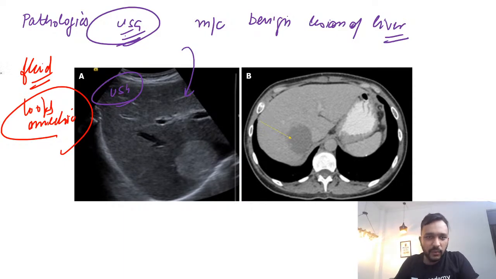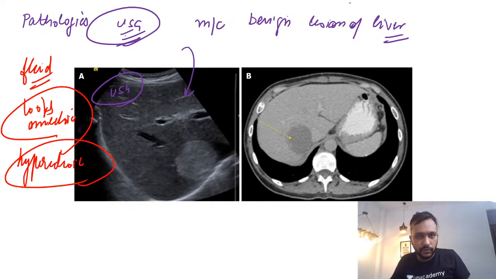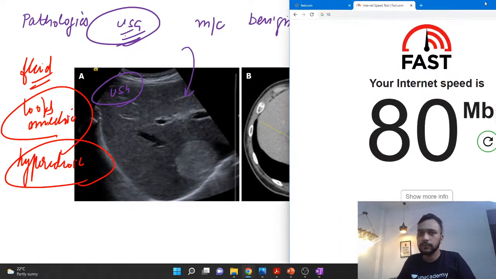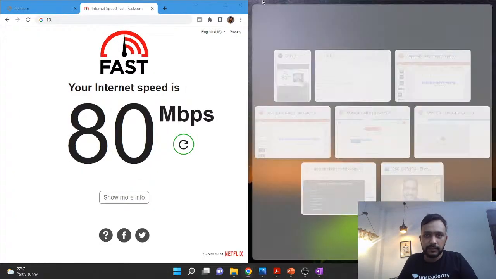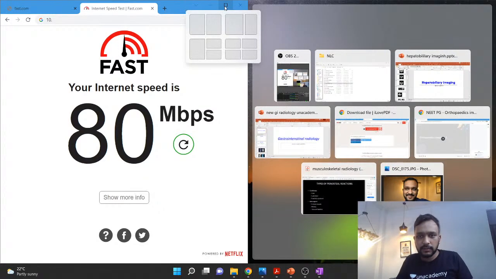And within the liver, if you are seeing a hyperechoic lesion on ultrasound, okay, so let me show you a few more ultrasound images.